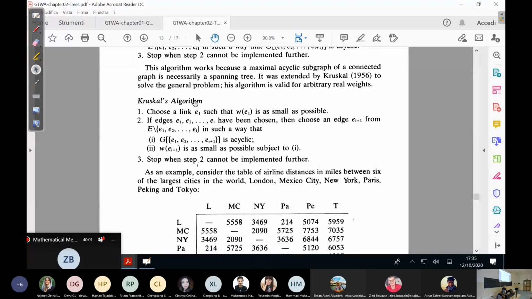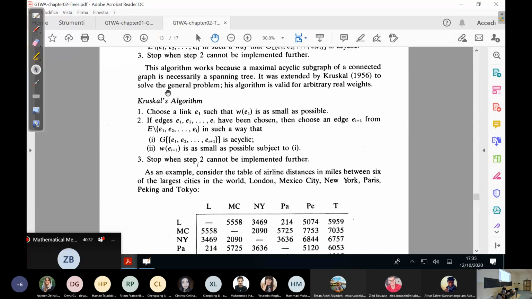It's Kruskal's algorithm, and it's very simple. Start with the edge e1 such that the weight of e1 is as small as possible. Now, assume that we have already chosen i edges, and it's recursive, okay? Recursion is very frequent in combinatorial constructions, as much as induction is very frequent in combinatorial proof.